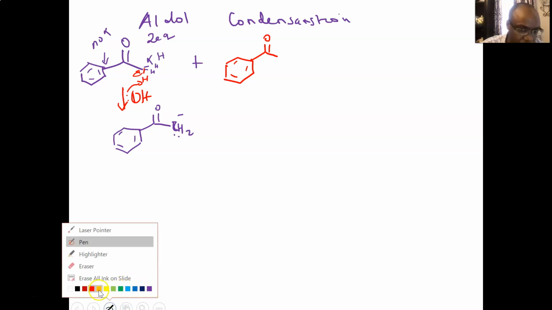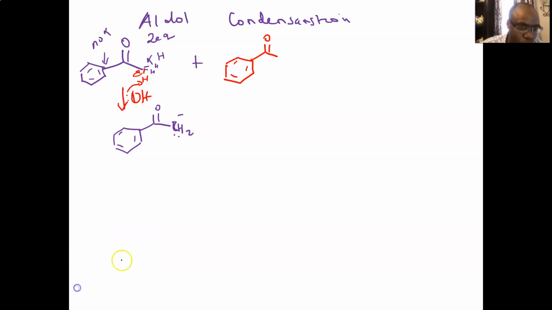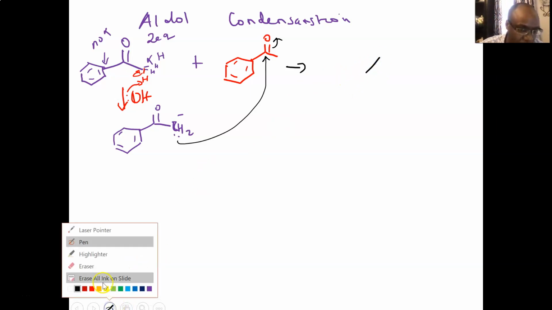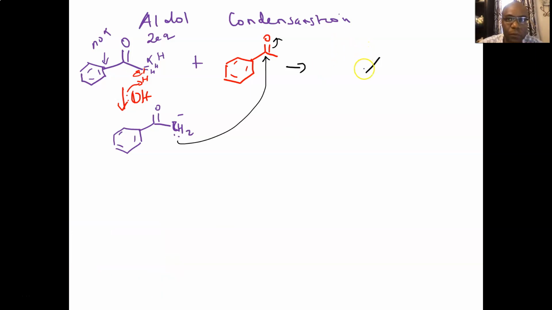Different color, please. Use this as a nucleophile to attack the carbonyl of the second molecule. So what you're really doing is creating a bond between the two. So let's say this is purple CH2 and this is the purple carbonyl part of the molecule.